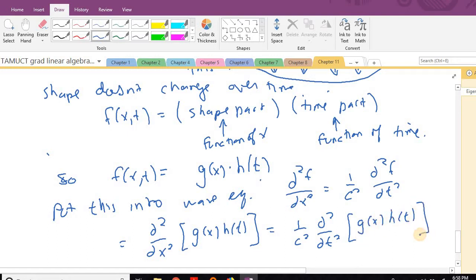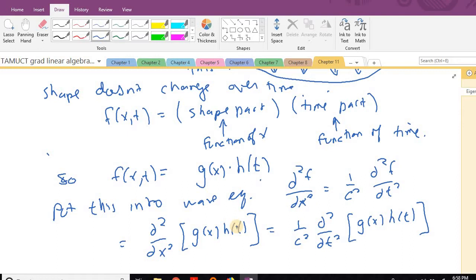All right, now I need to address something. Why did I use those scary looking curly d's instead of the straight d's? Have you seen partial derivatives before? What this derivative means is that I'm only treating x as a variable and t is treated as a constant.